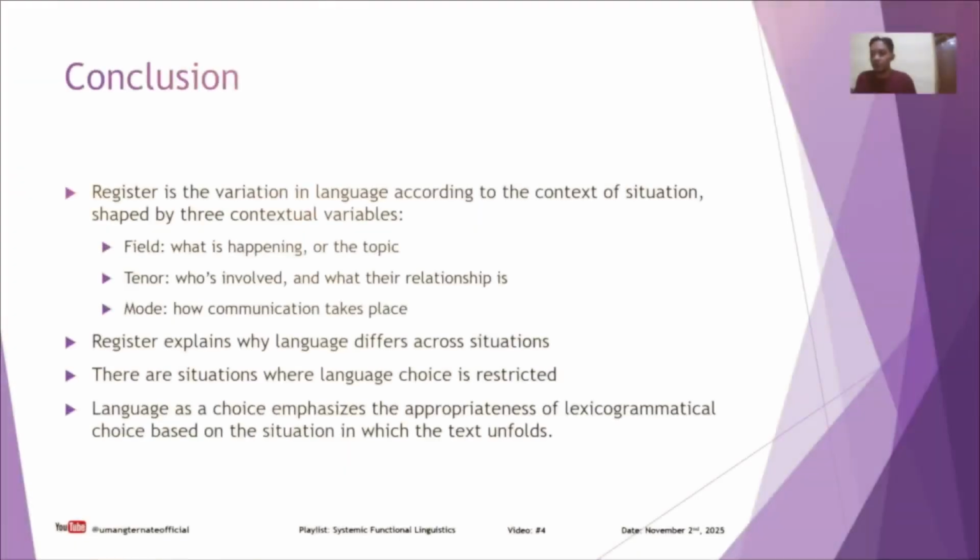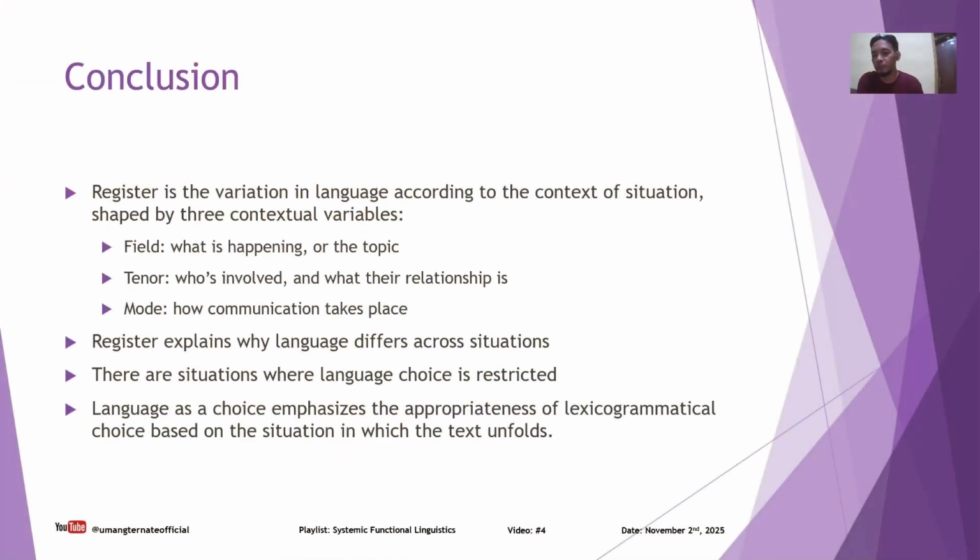Okay, so now we come to the conclusion part. We have discussed what register is and how it connects with the metafunction. We can conclude that register is the variation in language according to the context of situation, shaped by three contextual variables: the field, the tenor, and the mode.